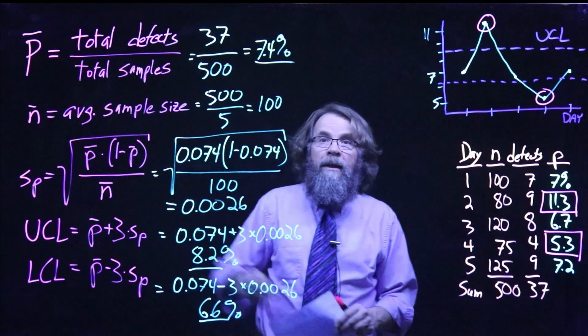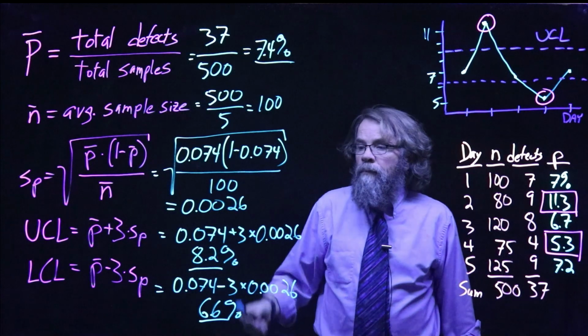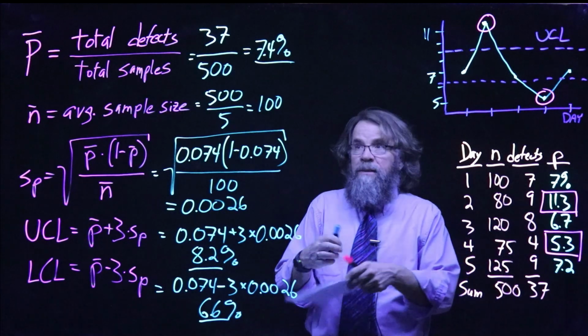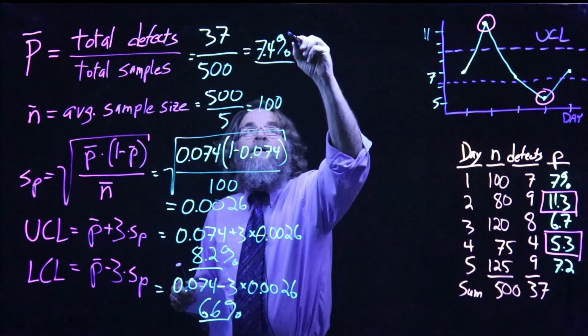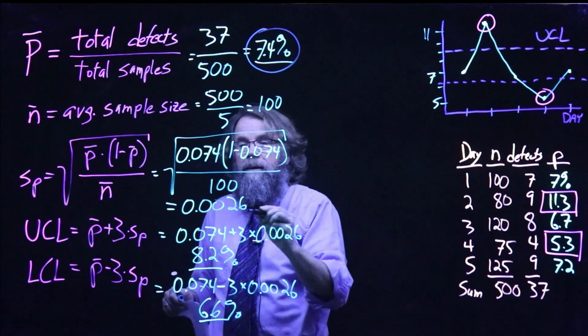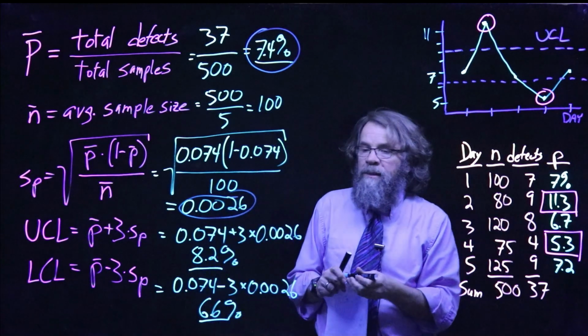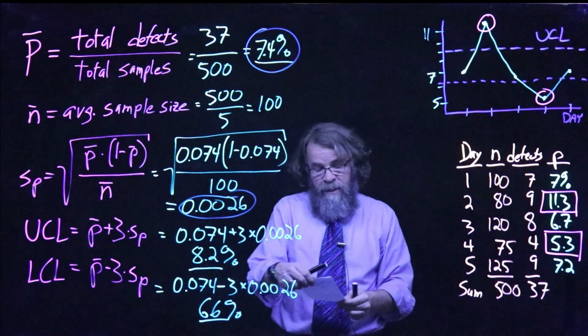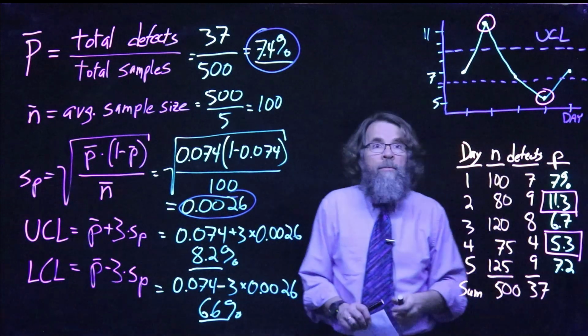And then we calculated S, and that gave us our sample standard deviation. But our control limit is the average P bar plus or minus 3 standard deviations. And so we got 8.2 and 6.6 as our control limits. And we had 1 point too high and 1 point too low.